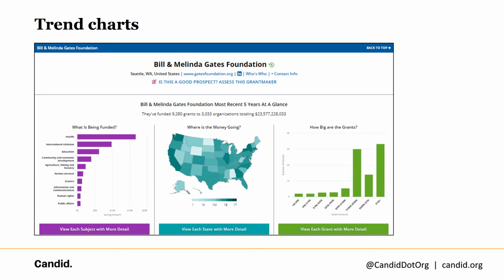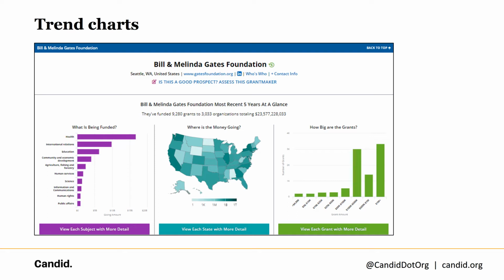The third box is how big are the grants. So it divides them out by size of grant, so you can go through and look and see where their major giving is. You can see they give a lot of large grants, a lot of those overseas organizations such as Bill and Melinda Gates.